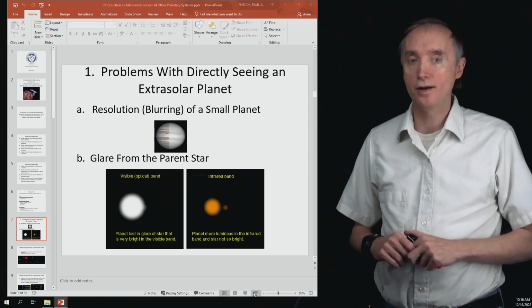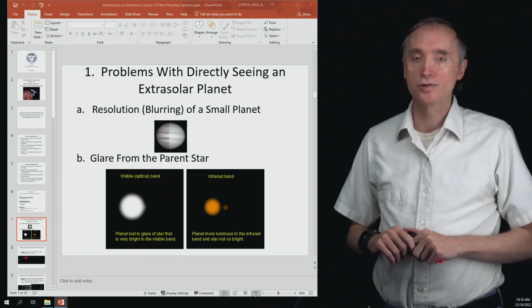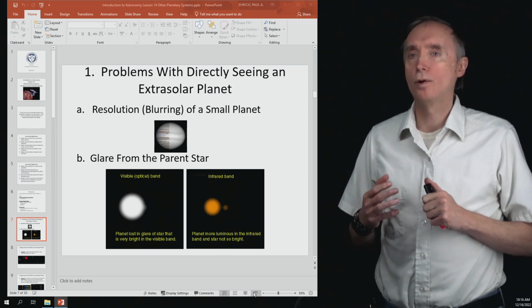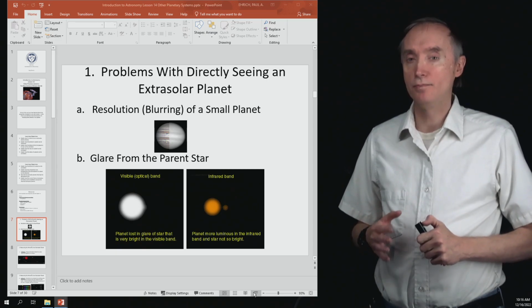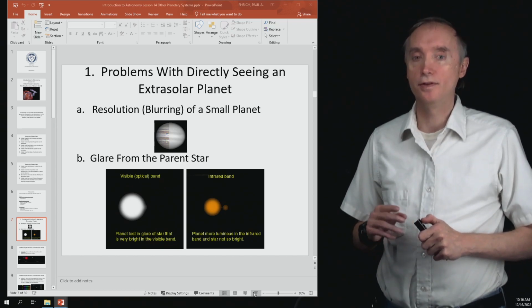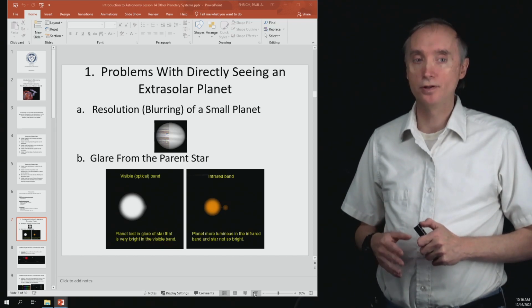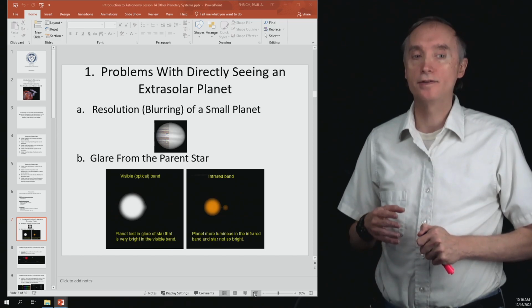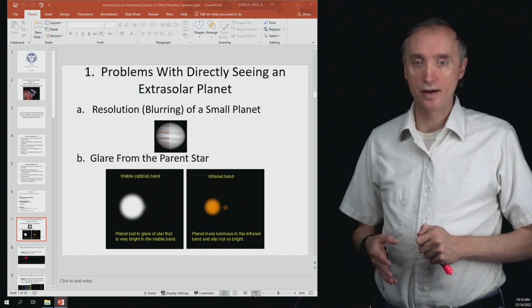And you notice that that helps a little bit. But we're really going to use indirect methods in order to figure out properties of these planets. So we're going to use some physics and some mathematics in order to do that.